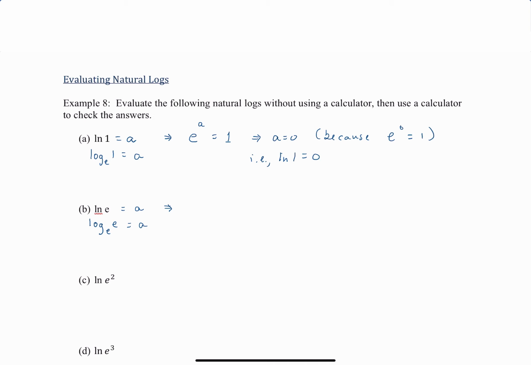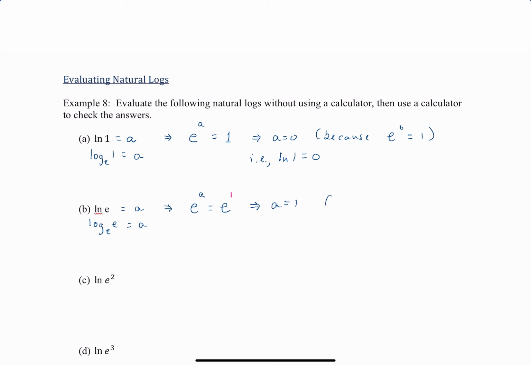So let's see, this would say e to the A equals e. Now, when I just write e, there's an invisible 1 exponent that's always there. You can always stick a 1 exponent on a number, and that doesn't change what it is. So since the exponents have to match, I can see that A must be 1.